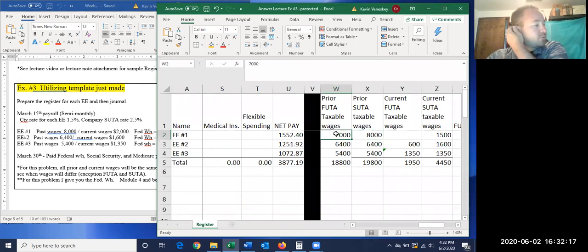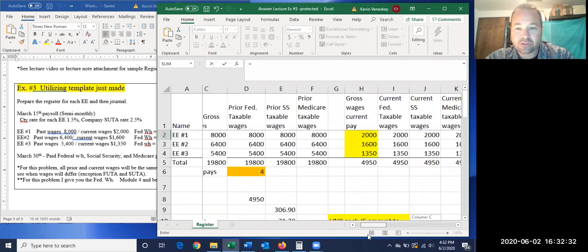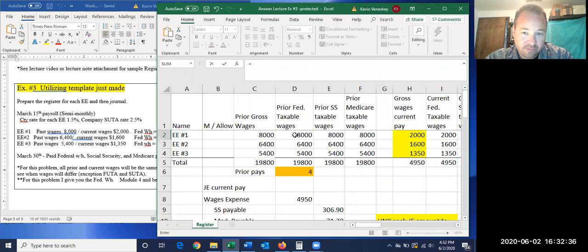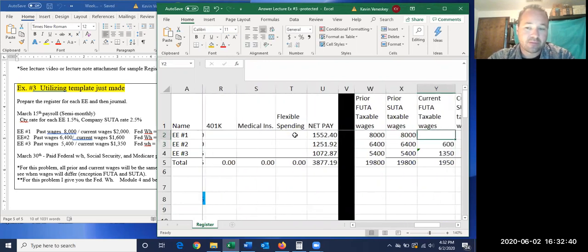So we always want to check our prior wages. What you'd probably want to do here, this is how I would do it, is get a baseline to see what it is. So it's basically just copying your prior Fed wages, 8,000.